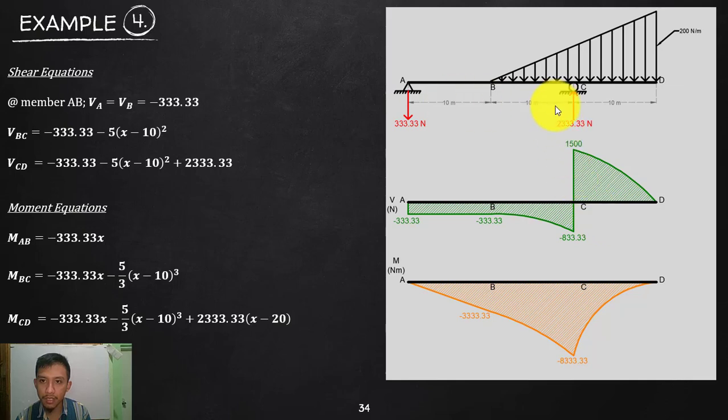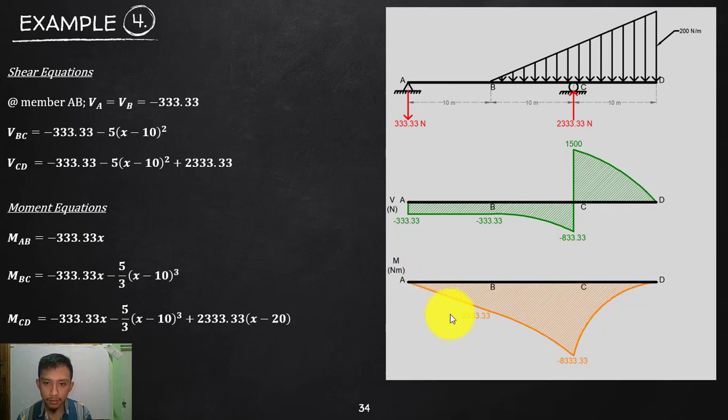Substitute at x equals 20, which is your point C. That will give us a positive 1500 using this equation. What if now that is at point D? I will substitute x equals 30, that will give me exactly 0 shear. So again, the reason why that is curved, I will explain on the next video.